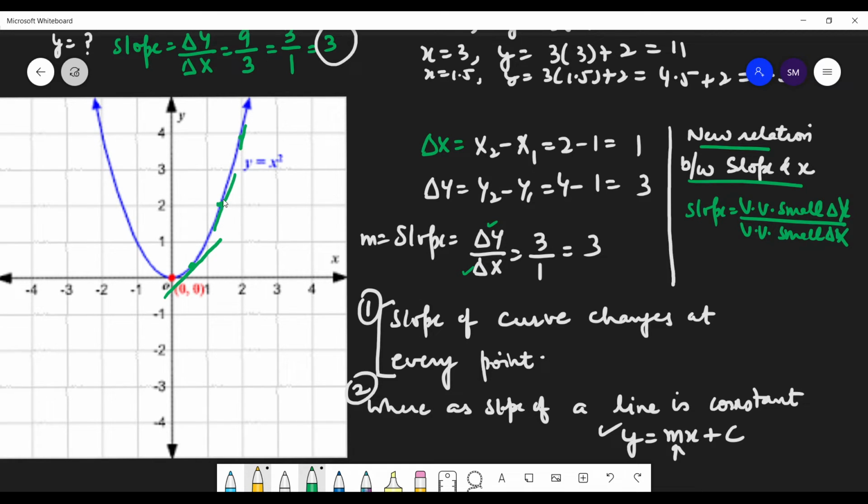Because the slope is changing at every point on the curve. In the case of a line, I can take the slope as delta y by delta x. But here, because the slope is changing at every point, I have to take y as very small and x as very small. So when y is very small, instead of writing this all the time, I write this small dy by small dx. So that's the slope at a point on the curve.